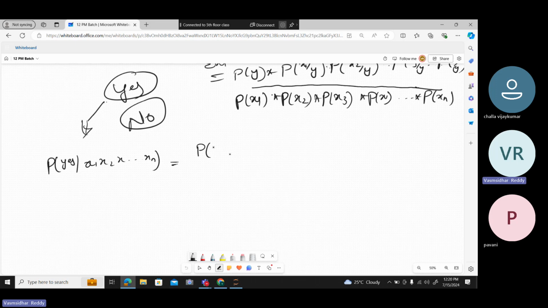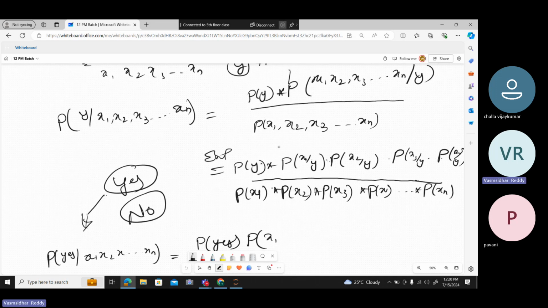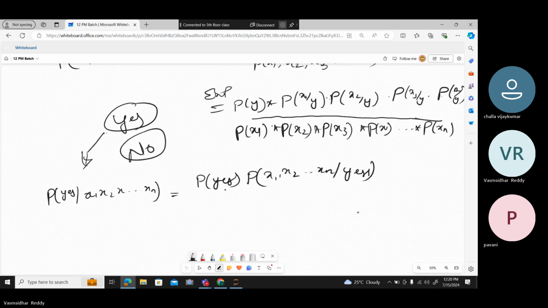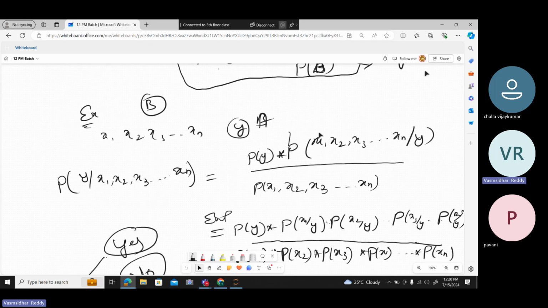P of yes, yes is known, so P of yes into P of x1, x2 and so on xn given yes, whole divided by the common P of x1, x2, x3 and so on xn. Understand? We are simply replacing the value with yes.